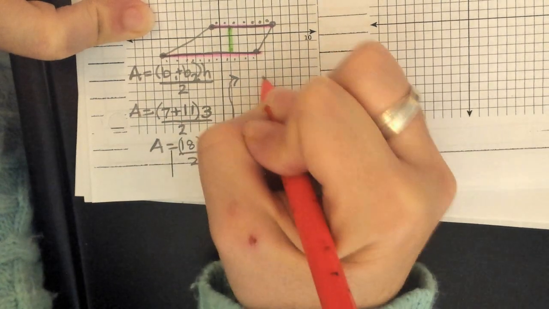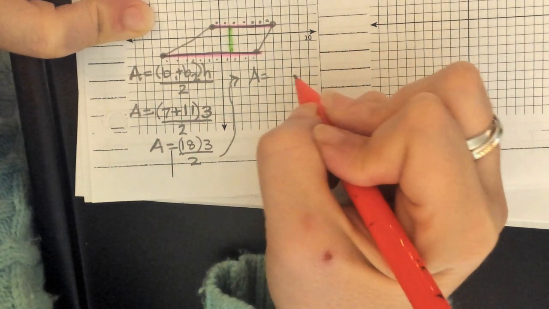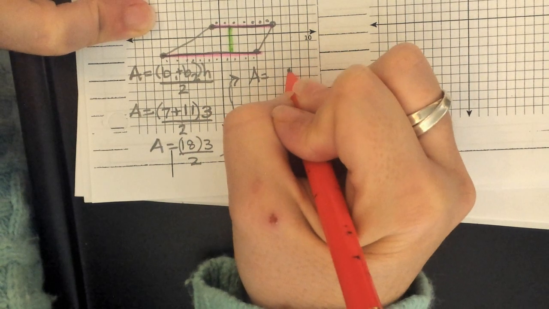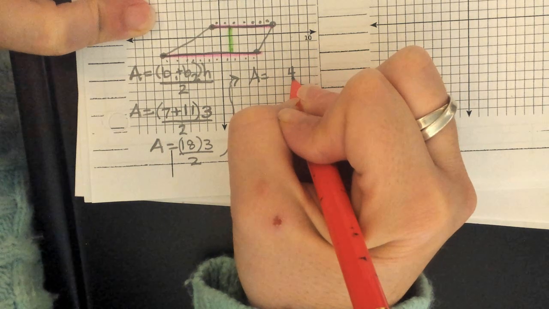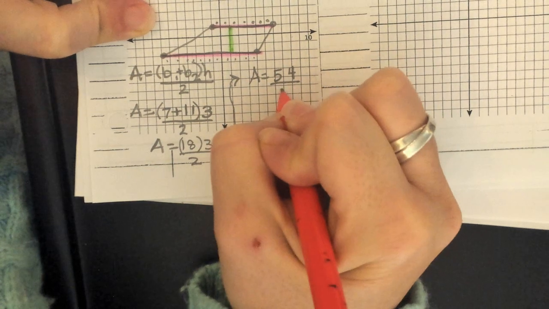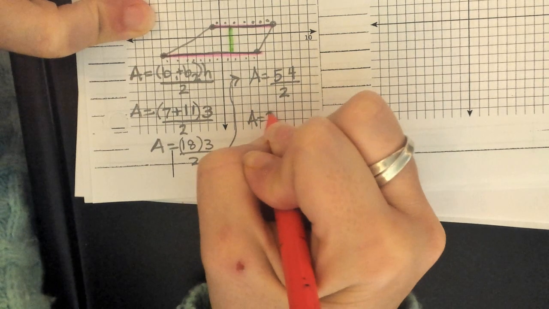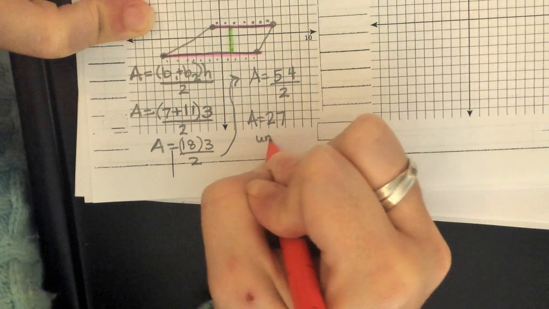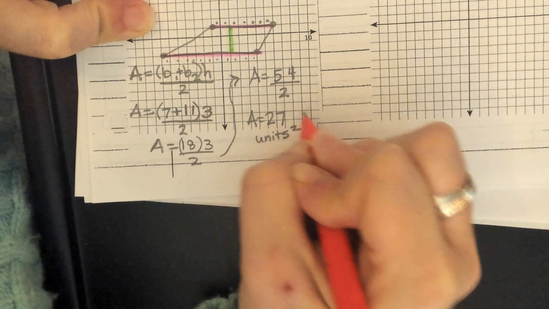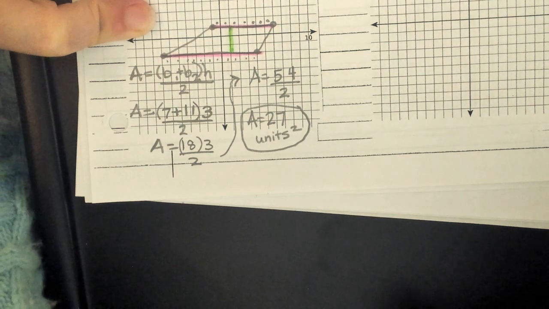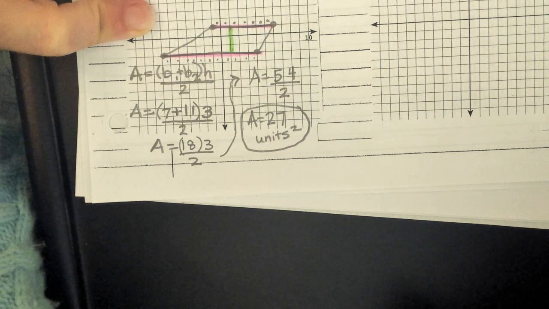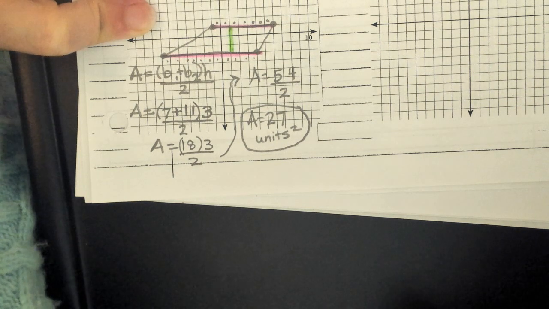I'll just kind of continue it right there. 18 times 3, 54, divided by 2 is 27, units squared. Okay. Good.